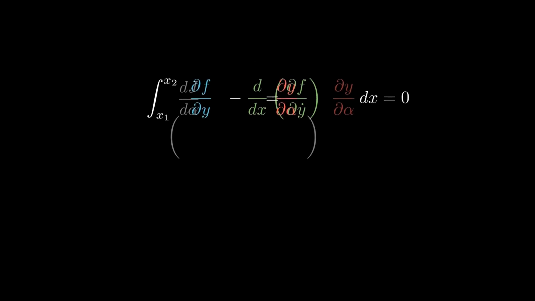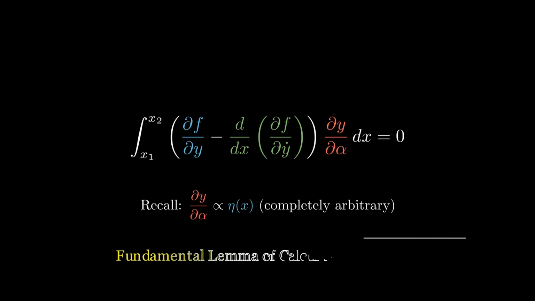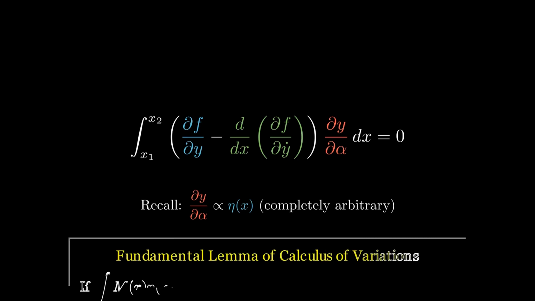We now invoke a profound piece of logic. The partial derivative del y by del alpha occurring in this equation is directly proportional to our arbitrary function eta of x. Aside from continuity and endpoint conditions, eta of x is completely arbitrary.